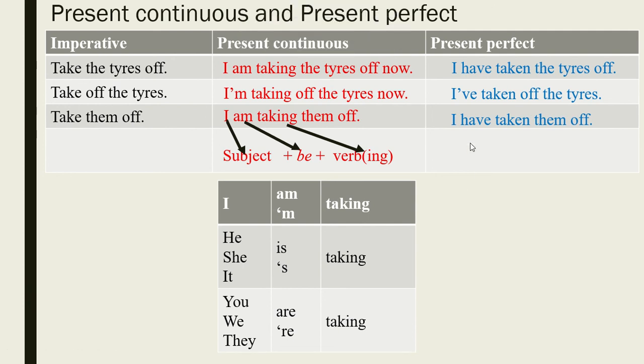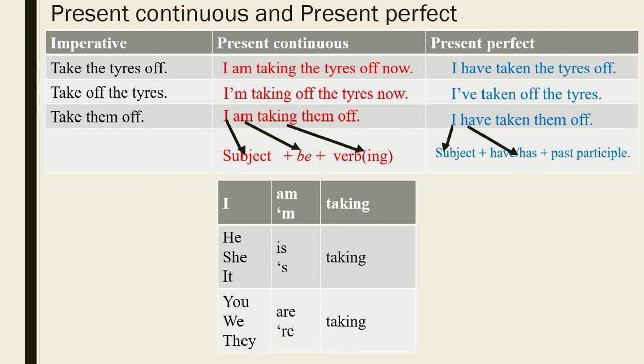Okay. For the present perfect, we have: I have taken the tires off. I've taken off the tires, and I have taken them off. We have a subject, then the auxiliary have, and then the past participle of the verb. I is the subject, and the auxiliary verb have is conjugated in the present simple.